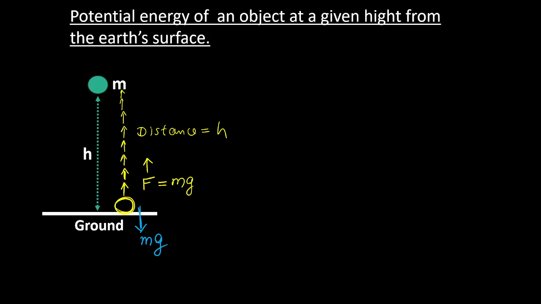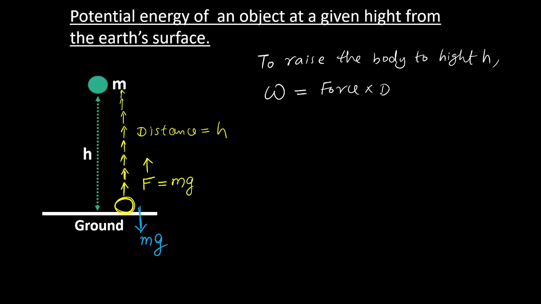So to raise the body to height h, I will write all the steps. Work done is equal to force into displacement, force into distance. Force is a fixed force, so we can use this formula. Mg is the force I am applying, the displacement is h.